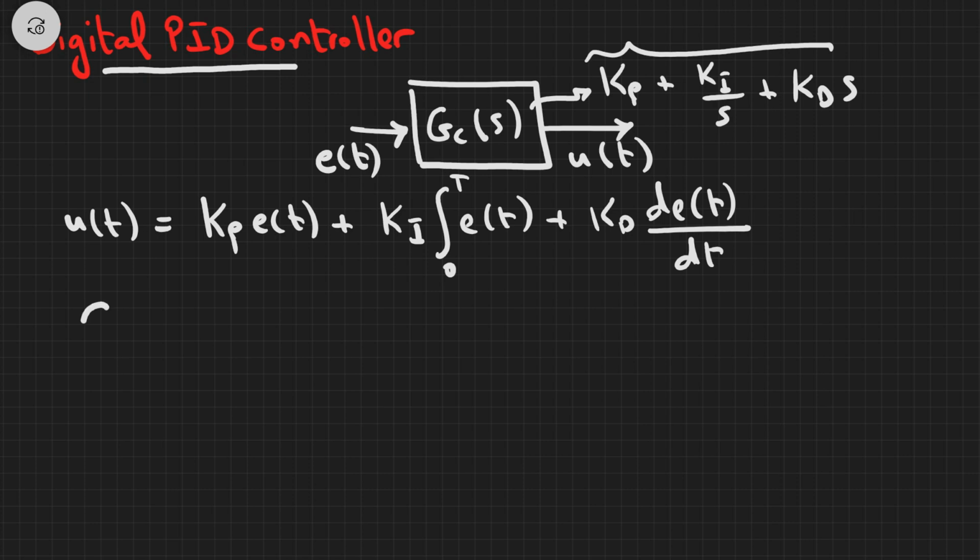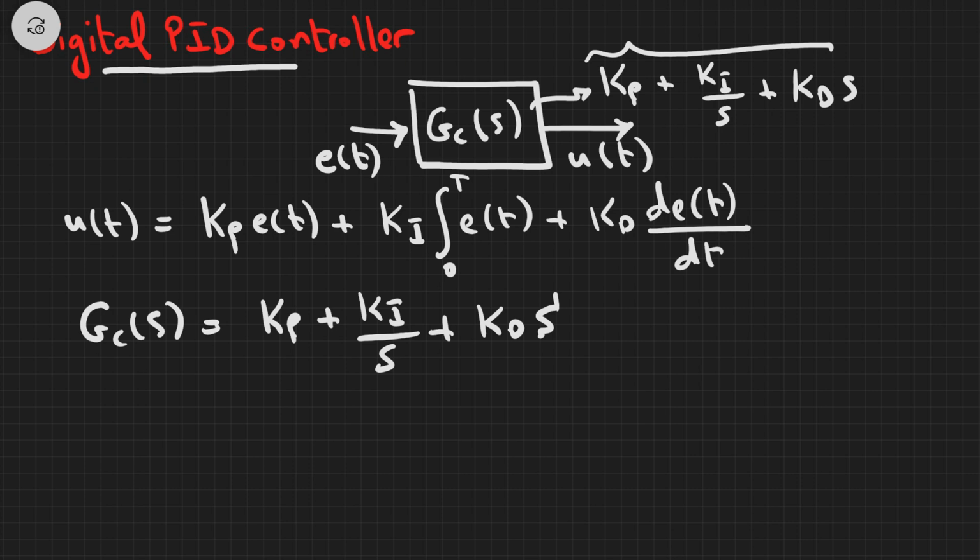We know that GC of S is just Kp plus Ki over S plus Kd times S. So one way of obtaining the discrete time version is just to use bilinear transformation, for example.